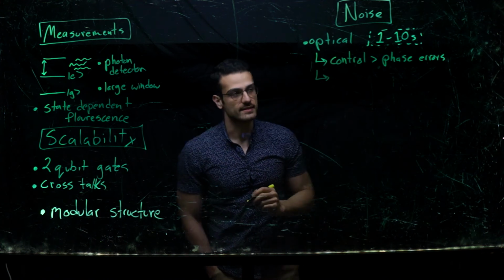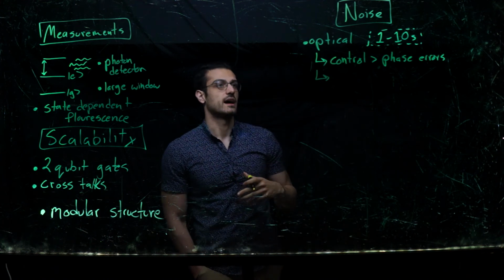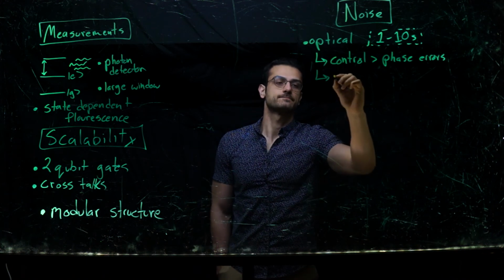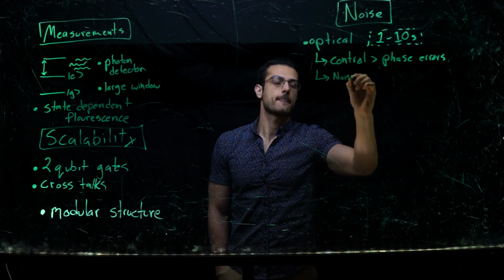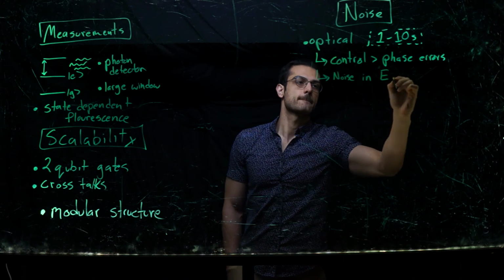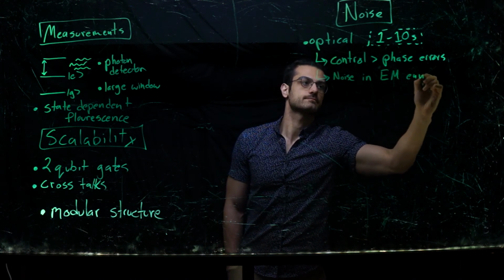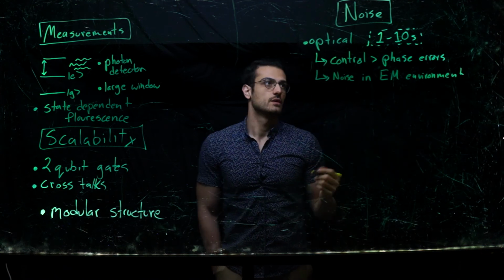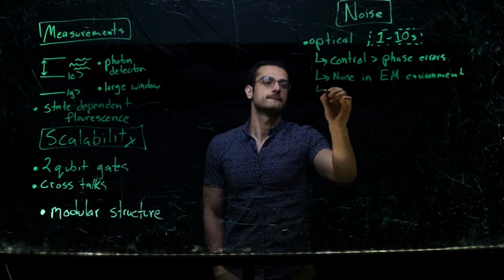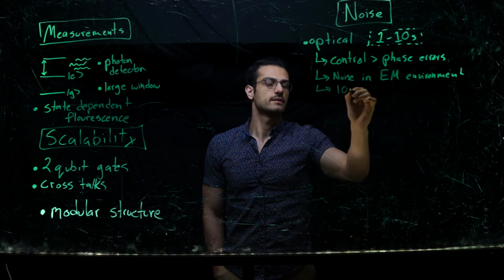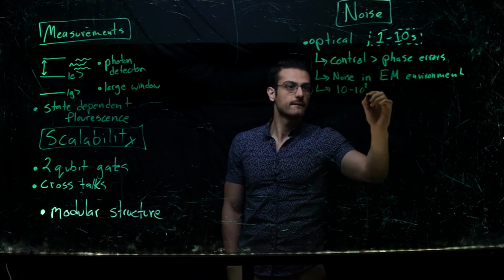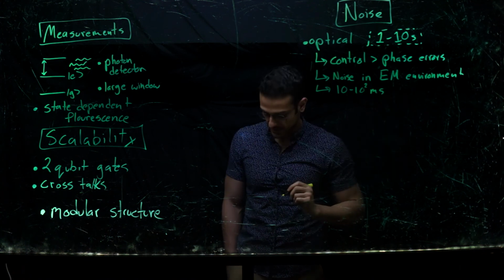The other is fluctuations due to noise in the electromagnetic environment. Because of these, we get coherence times of 10 to 100 milliseconds.